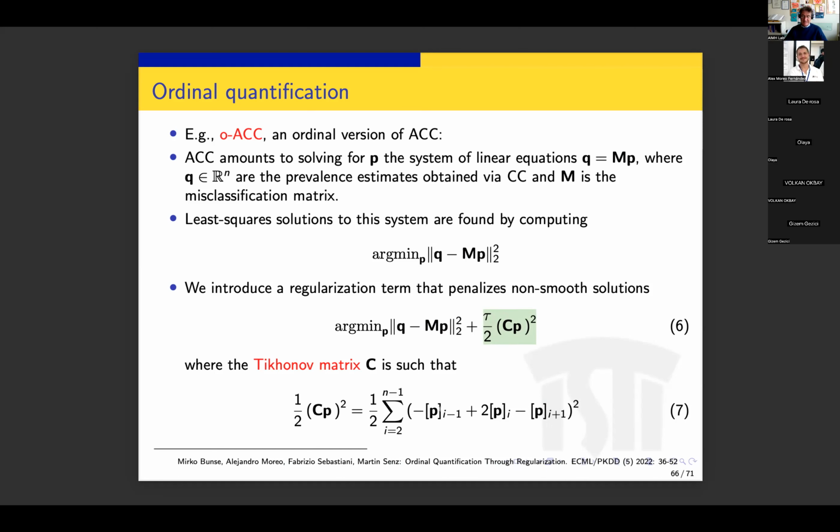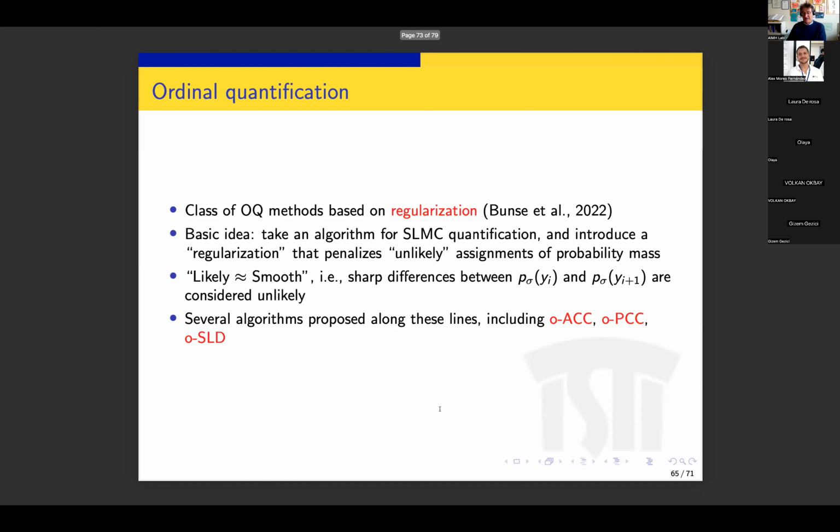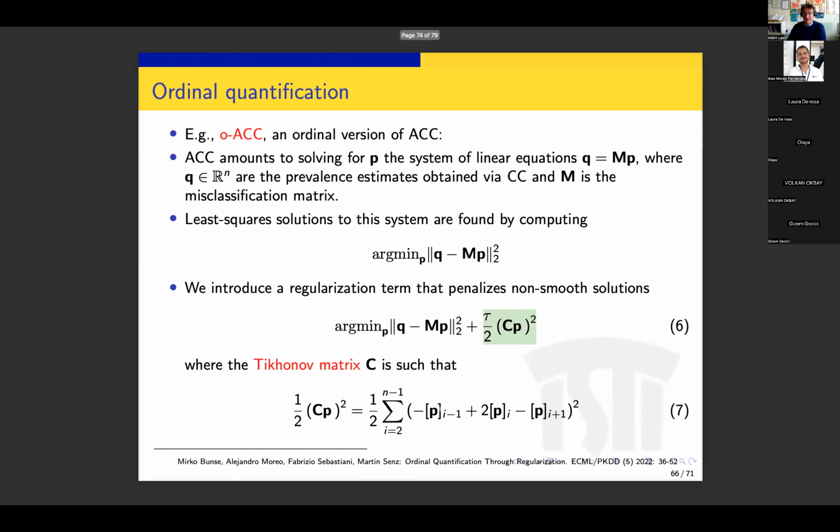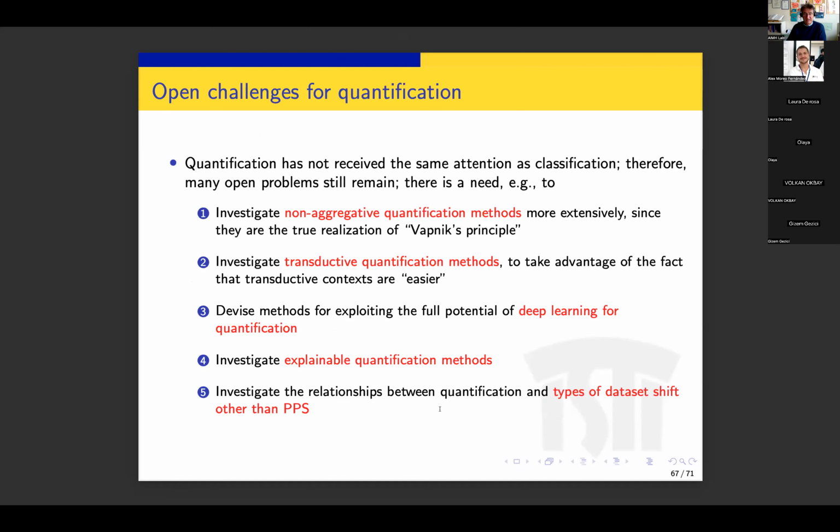Okay, so this is the idea at the basis of the ordinal version of ACC, but similar ideas are at the basis of the ordinal versions of PACC and SLD. So this is again a glimpse on ordinal quantification, one of our advanced topics.